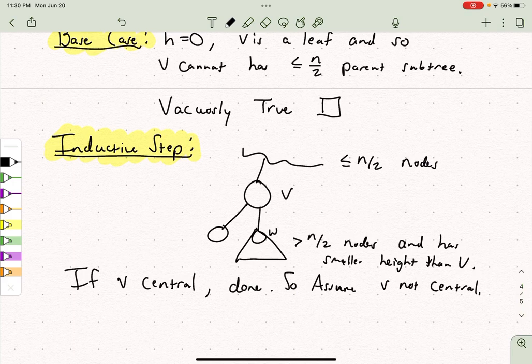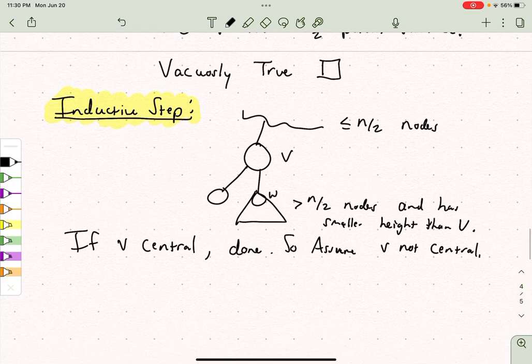So now we can apply the induction hypothesis on w. Before we even get there, we need to make sure we can apply the statement. We need to make sure that there are not too many nodes in this upper tree. And this follows by the same argument as before. If this subtree has more than n over 2 nodes, then all of these can be at most n over 2, because there's only n nodes in the graph.